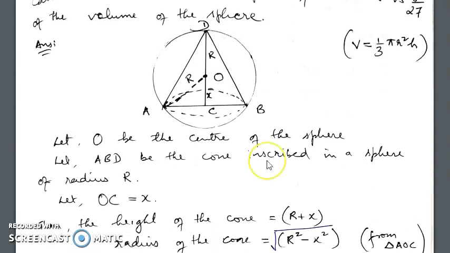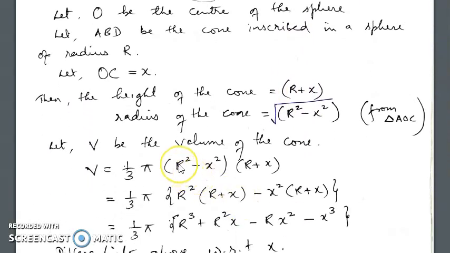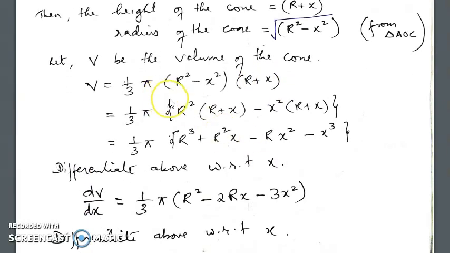And in place of height, we have R plus X. So multiply these two terms: R square multiplied by R plus X, minus X square multiplied by R plus X. From here you will get that term.